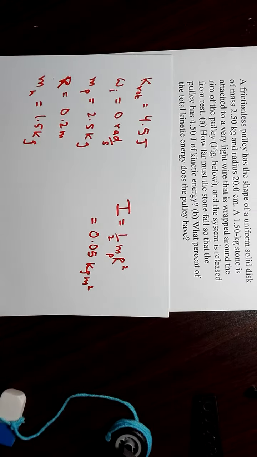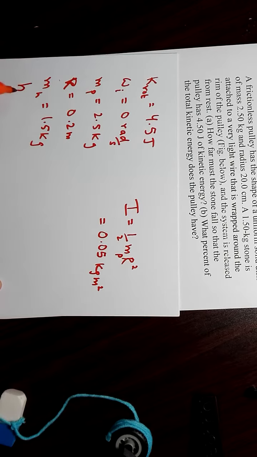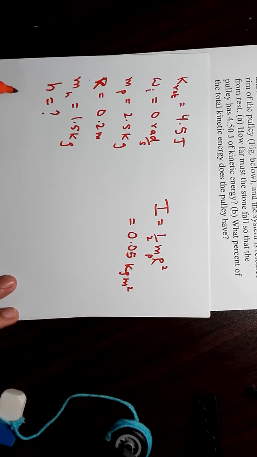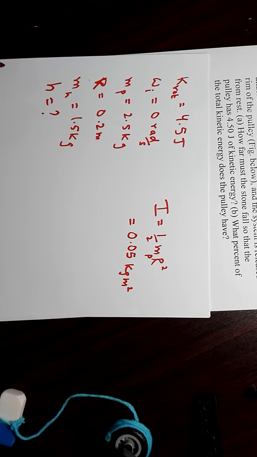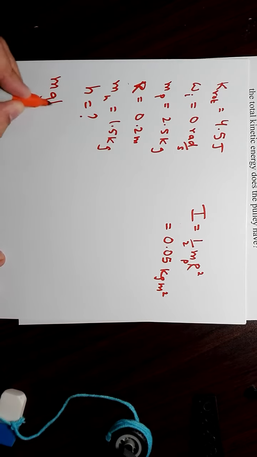Now the next thing to do is we need to use conservation. Since we need to find the height, the first thing in these questions that you should always remember is that energy is conserved, as long as there's no friction involved. There are multiple methods to solve these questions based on what you know.